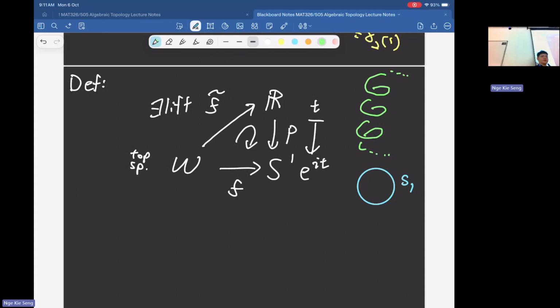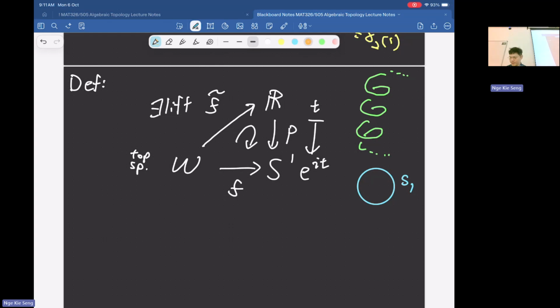This is how we're going to think about the real numbers: like curled up. This is a better way to think about it, because we will chop it into the length of S1. Does it make sense or not?